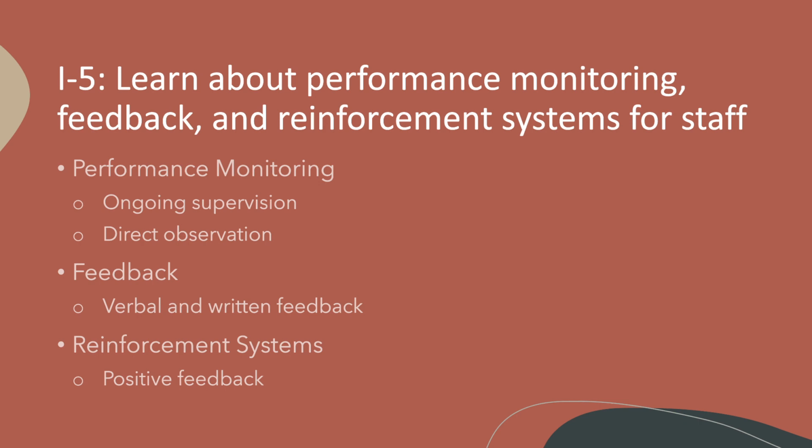Verbal and written feedback were provided regularly based on observed performance. Written feedback was emailed directly to staff members to review after sessions. Reinforcement systems. Along with constructive feedback, positive feedback was provided in specific areas where the staff excelled in.